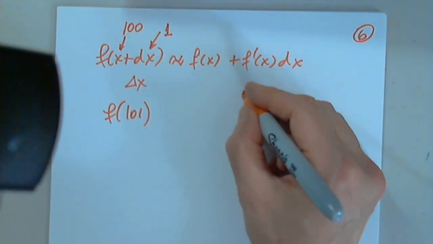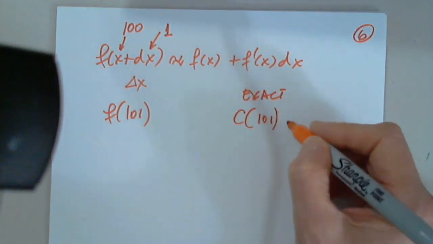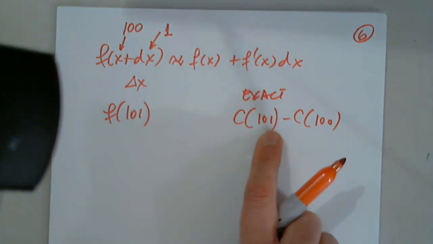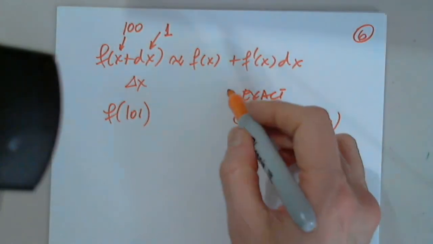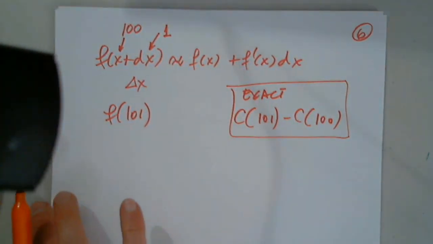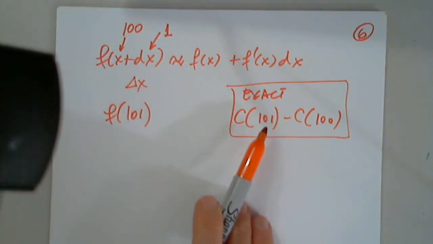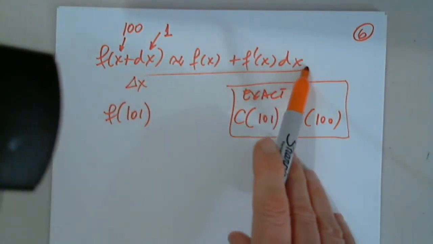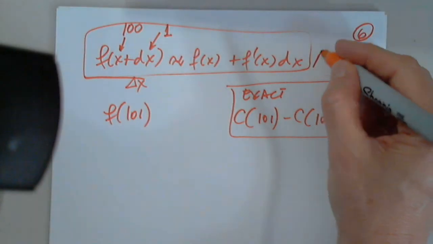But if you want the exact, then you will have the cost of 101 minus the cost of 100 to determine your additional cost if you want to manufacture one more. So this is the exact. If you want to approximate the cost of producing an extra, then you're thinking in these terms. Okay. So this is the approximation.